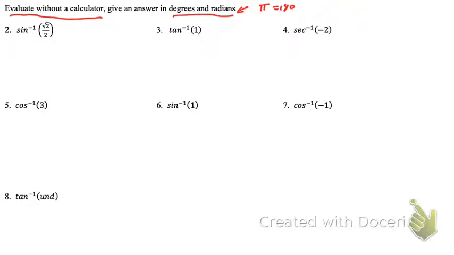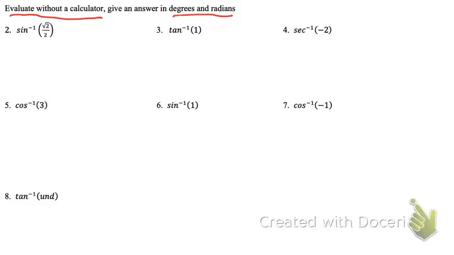What's our 45? Well, 180 divided by 45 is 4. 2 45s make a 90 and 2 90s make 180, so that's 4 45, so that's pi over 4. That'll help you with your conversions between degrees and radians. You're just dividing 180 by whatever you need to, okay?